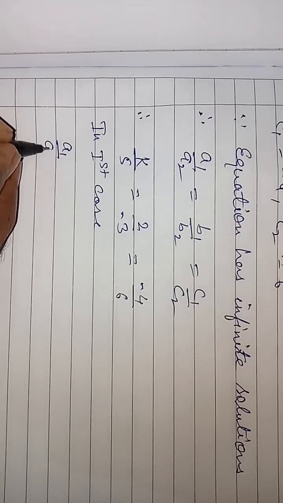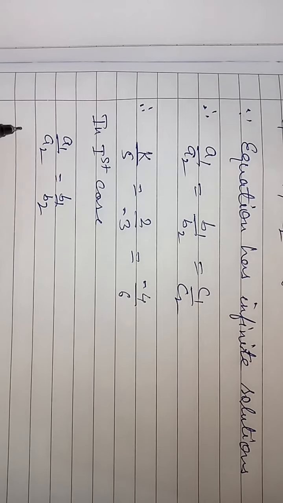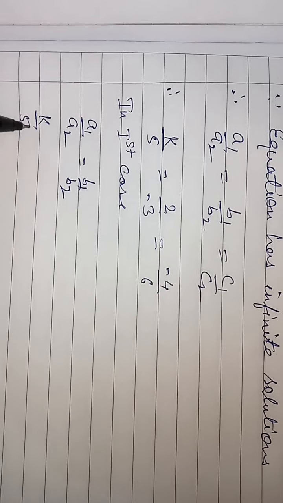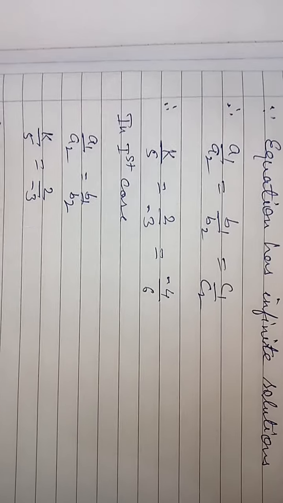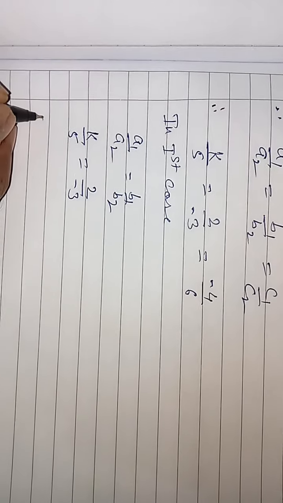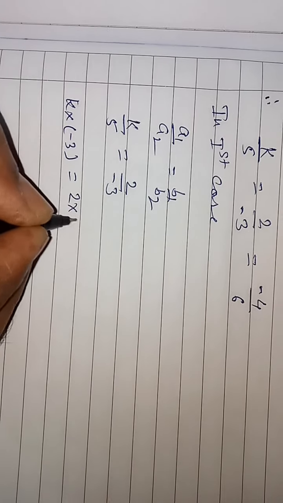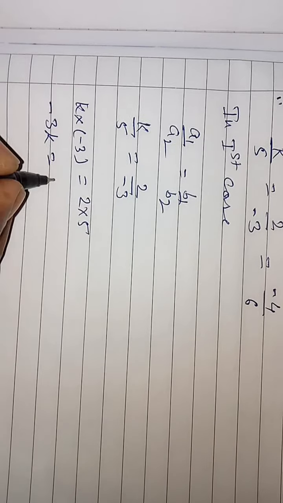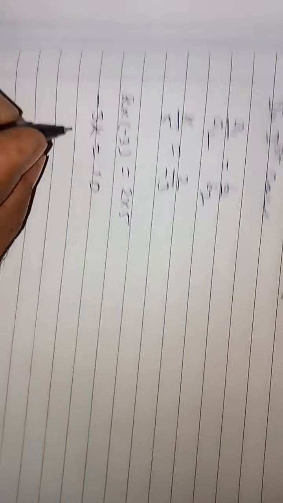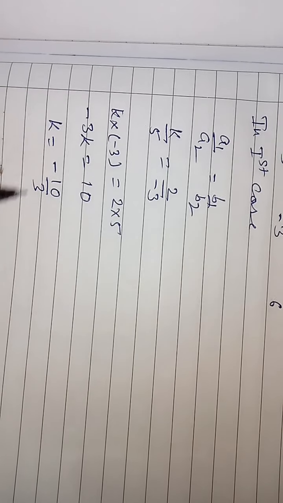a1 upon a2 is equal to b1 upon b2. So k upon 5 is equal to 2 upon minus 3. By cross multiplication method, k into minus 3 is equal to 2 into 5. So minus 3k is equal to 10. So k equal to minus 10 by 3.